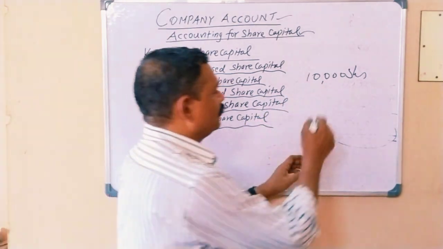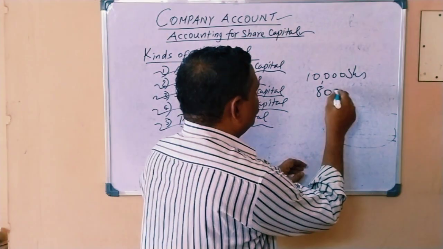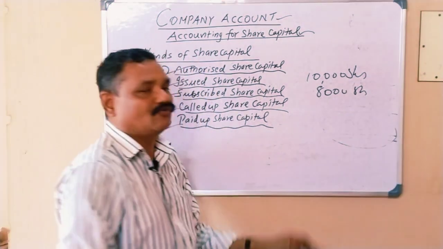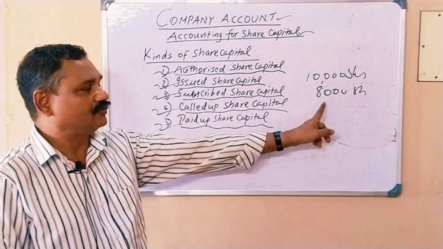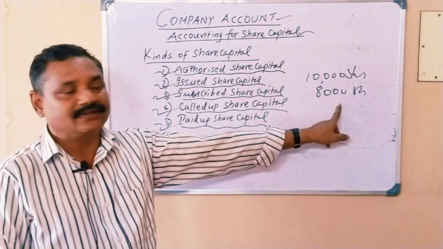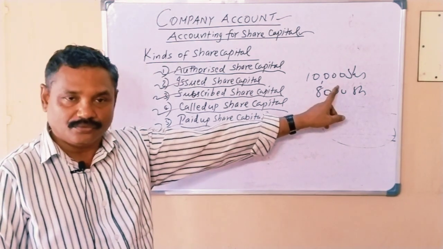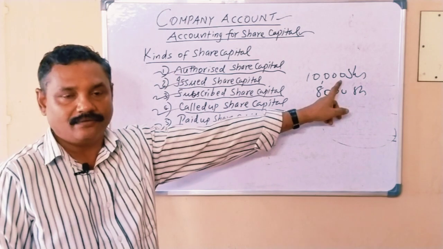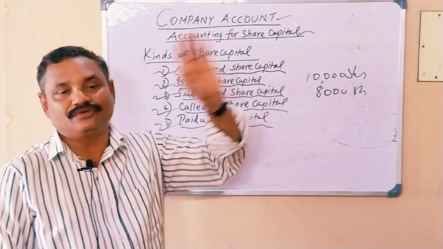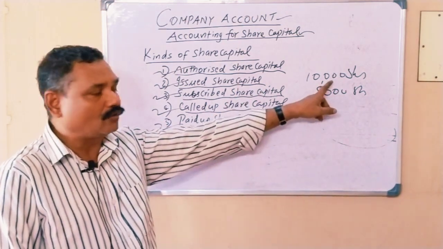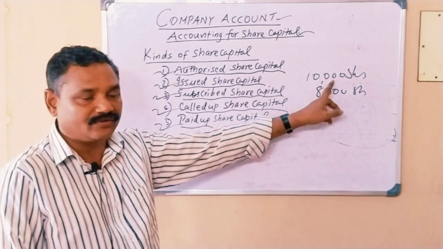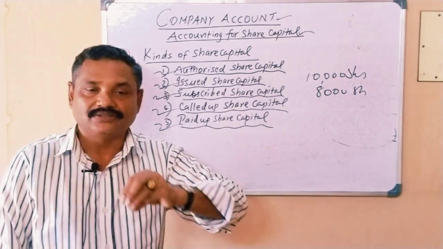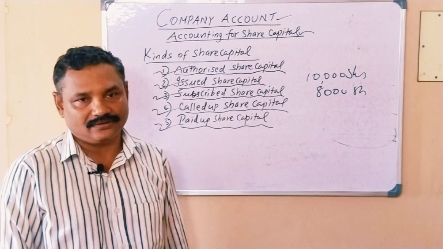Or out of 10,000, the company is willing to issue 8,000 shares only. This is the issued capital. If the company is willing to issue the full number of shares that they have, or out of 10,000 only 8,000 shares, that will be the issued share capital.